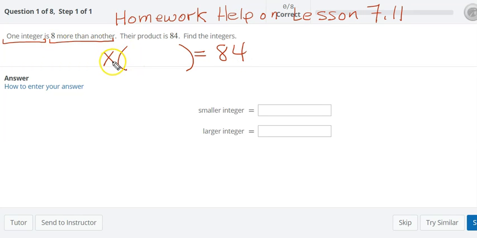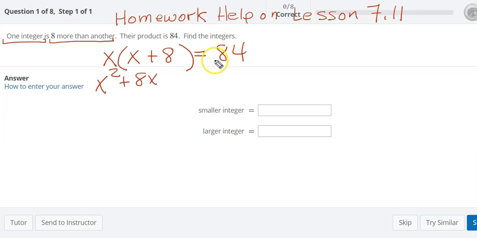So this is one integer. The other integer is 8 more than that, and the product of this is 84. So the equation would be x squared, as we multiply this, plus 8x again.